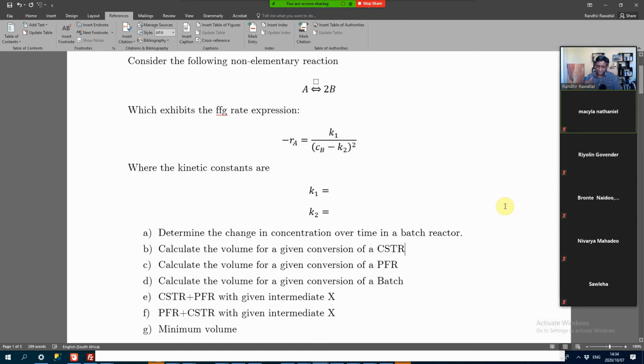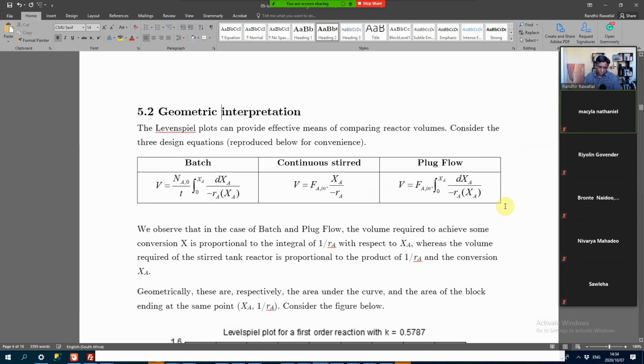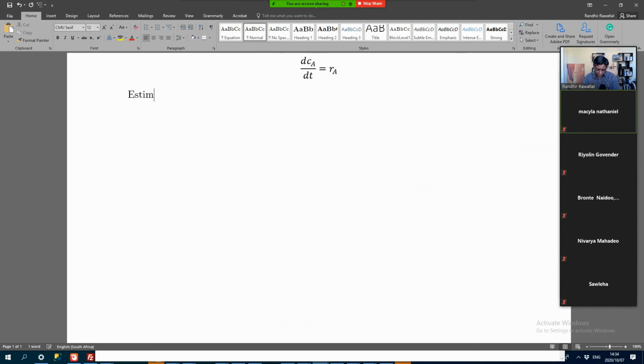And then going further here, let's estimate the volume for the batch case. If we want to know the volume for the batch reactor, then we go back here. We can see this is our batch balance. So here, estimate batch volume. That's the expression we want. We can see here we need to find this integral first.